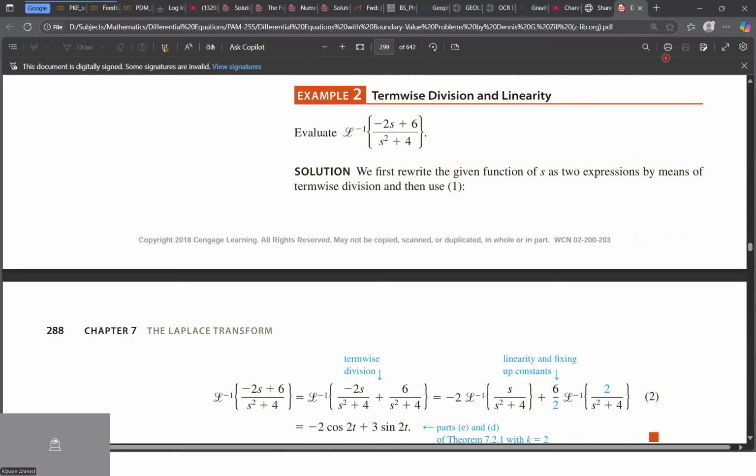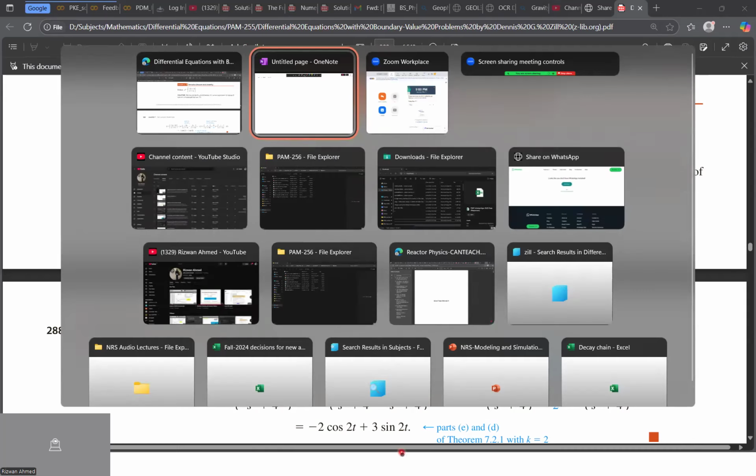Okay. Then this is the problem: minus 2s plus 6 over s squared plus 4. Example 2.